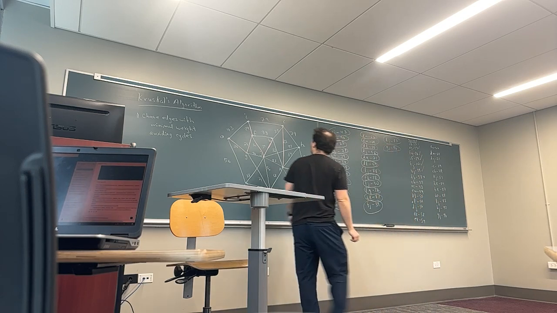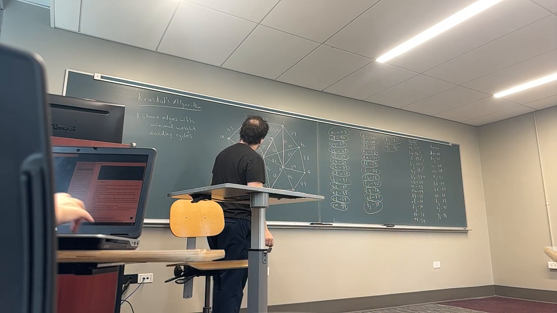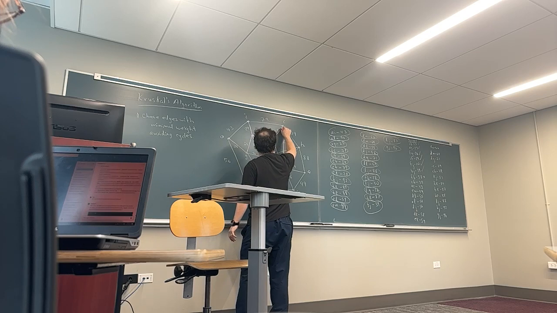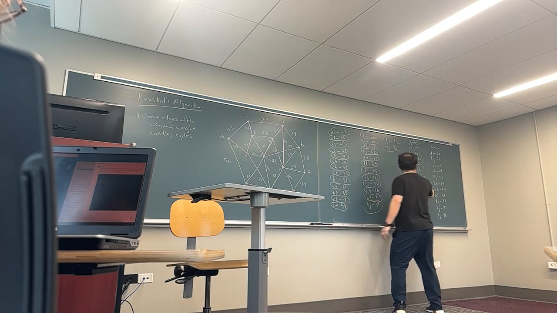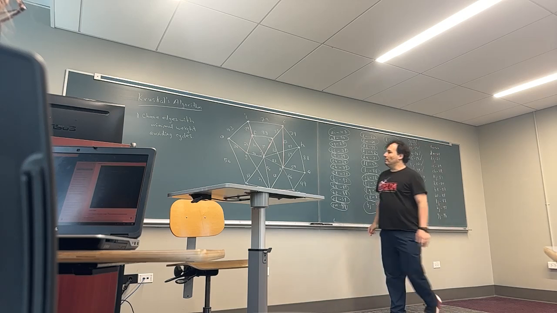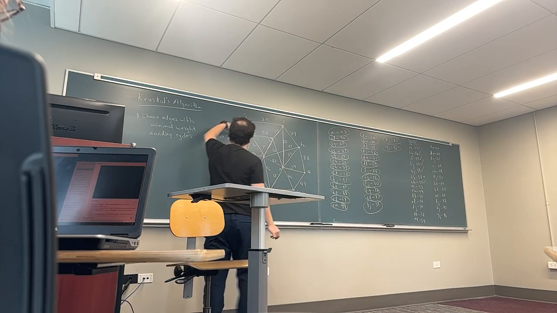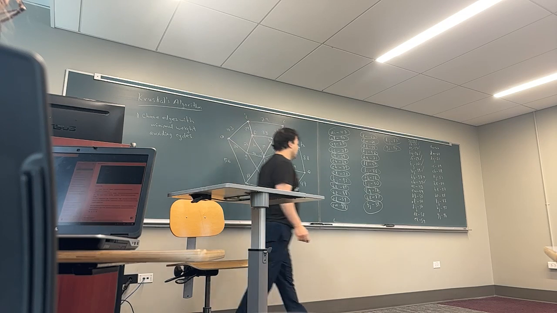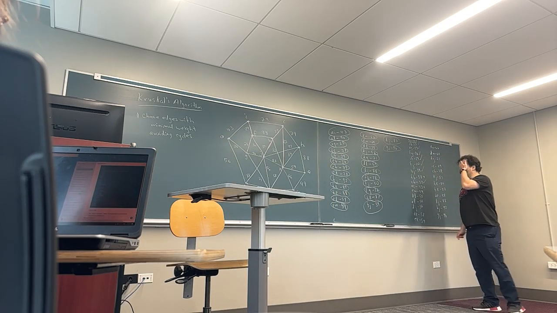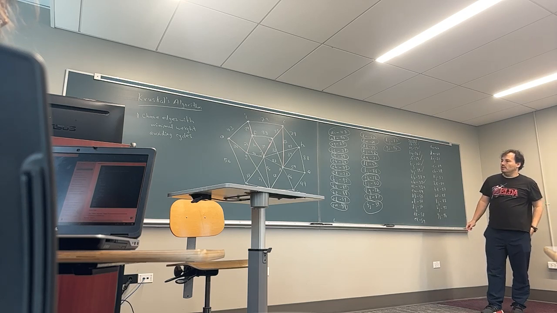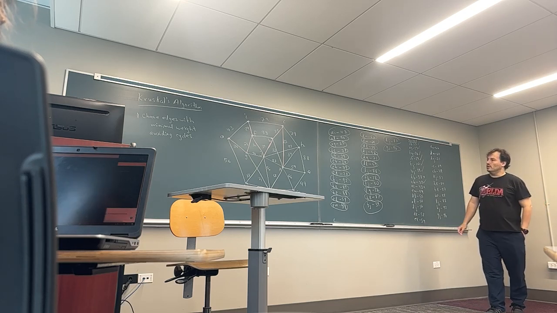And then BC does not give me a cycle, so I can draw it. And then we have AI. AI would give us a cycle, so we don't draw that one. And then EM, where is EM?